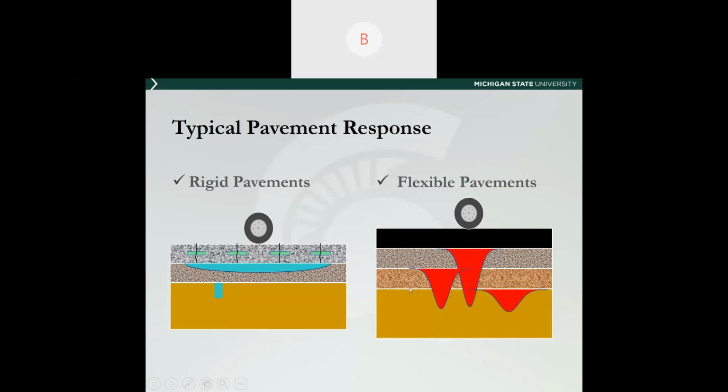That is, the base, the subbase, and the roadbed play a critical role in carrying the stresses and the deflections and the strains such that there is good performance of the flexible pavement. So this is a fundamental difference between how a rigid pavement carries load and distributes load, and how a flexible pavement carries load and distributes load.